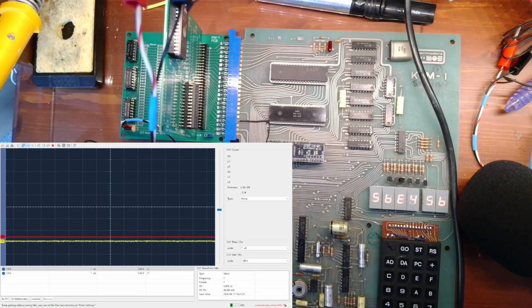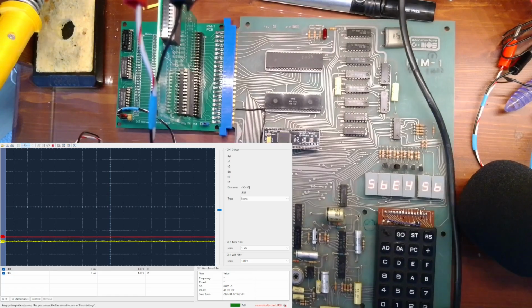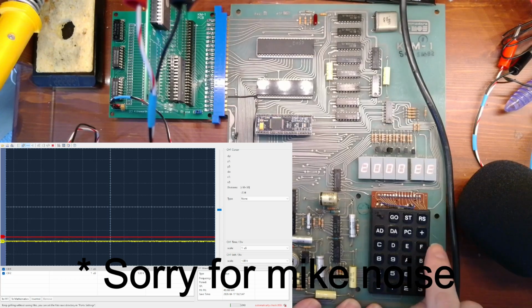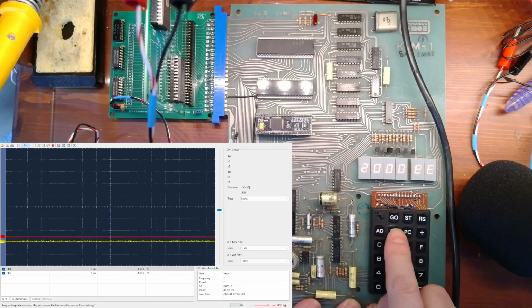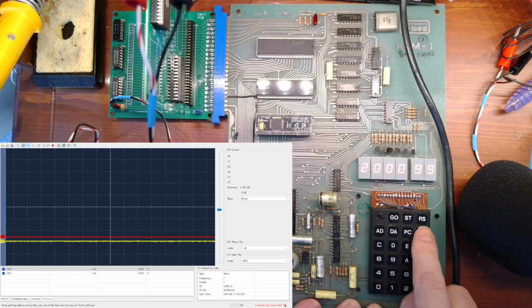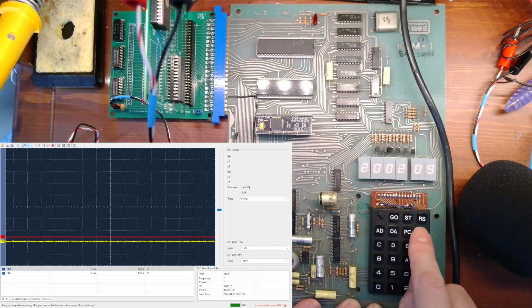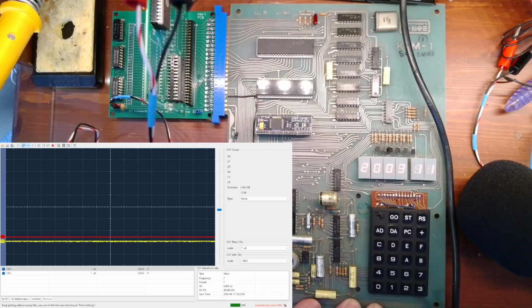Alright, that's address 2000. Alright, so if we go 2000, got an E in there. Now we do data, and we put 99 in there, plus 45, 22, 11.